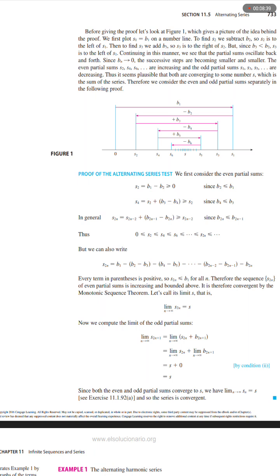Since both the even and odd partial sums converge to s, we have the limit as n approaches infinity of s sub n equals s. See exercise 11.1.92a. And so the series is convergent.